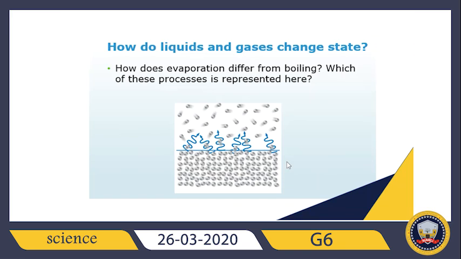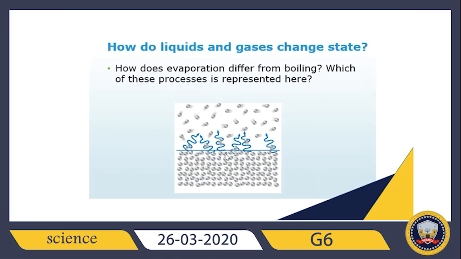Once the temperature reaches 100 degrees Celsius, all the attractive bonds between these particles are broken, and exactly at this moment these particles will start to escape from the surface of the liquid.